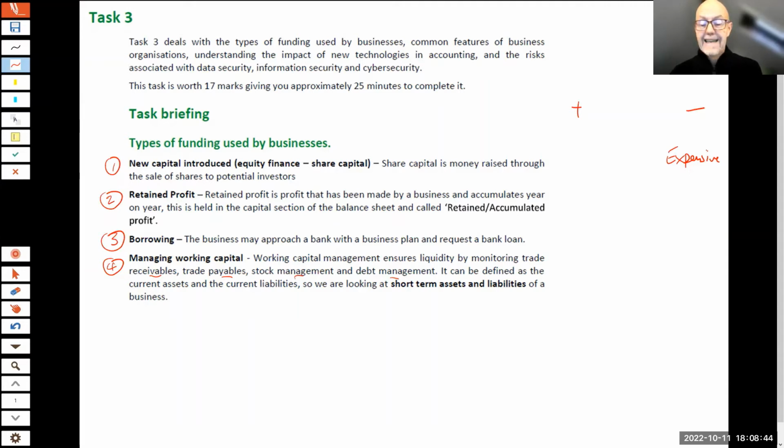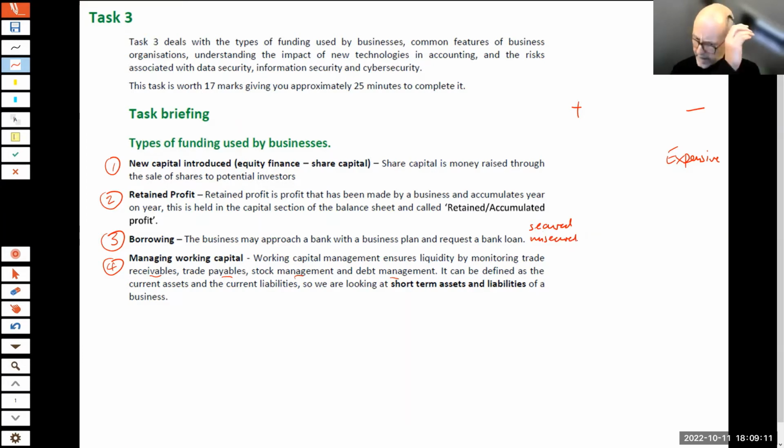So contrast that with if you have to borrow money. Generally speaking, money goes in as a loan, and loans can be secured or unsecured. If the loan is secured, that means that, rather like a mortgage on a house, if the loan repayments are not met, the asset can be taken by the bank.